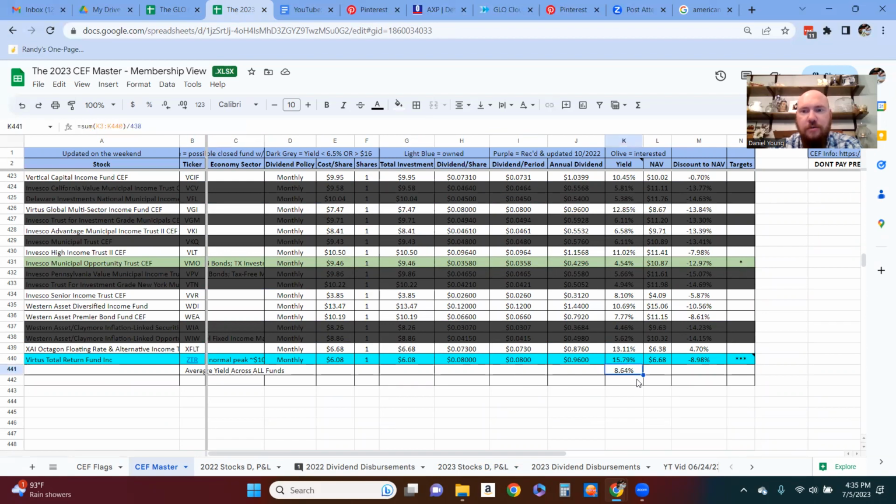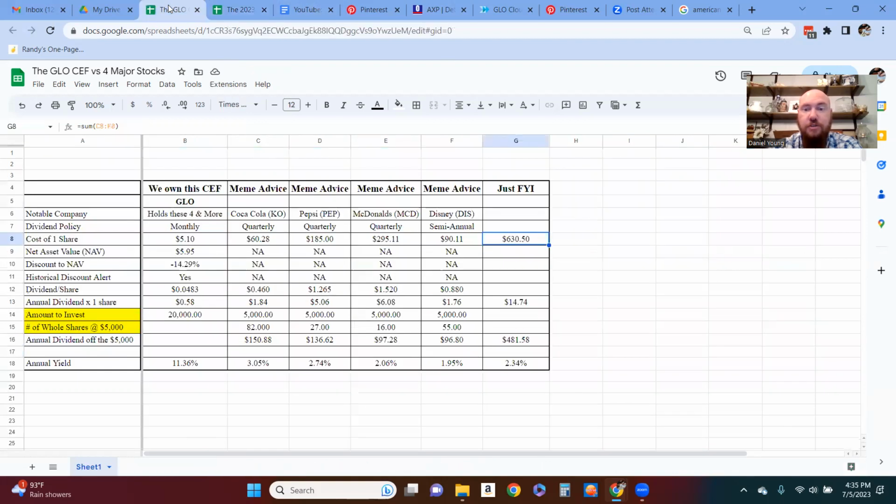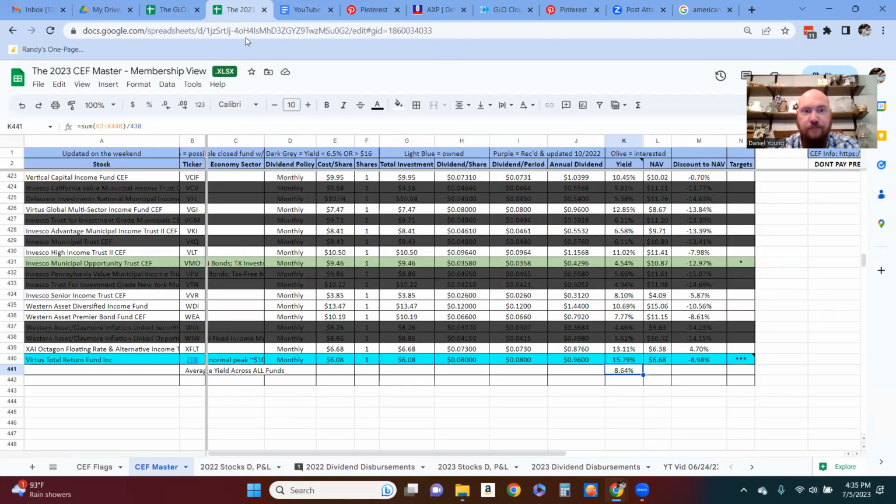Current yield across those 438, which some pay a dividend and some don't. Some pay a crazy high dividend, some pay a really non-existent dividend, or just no dividend, is 8.64. That's a lot higher in general than 2.34.